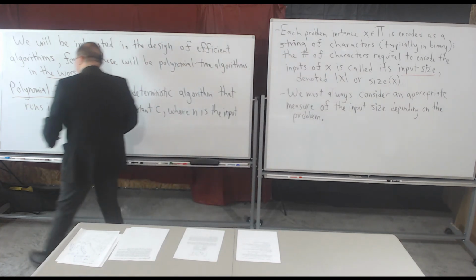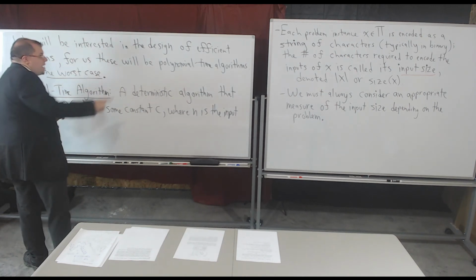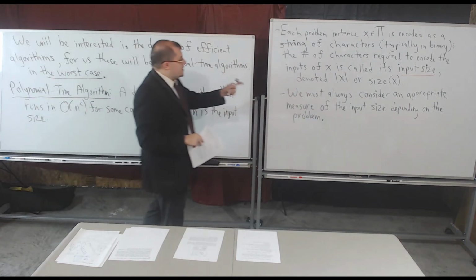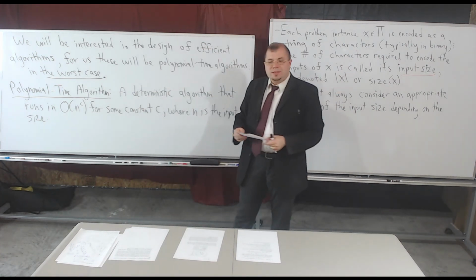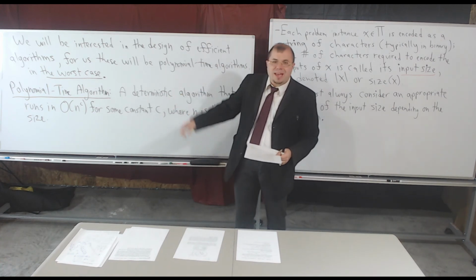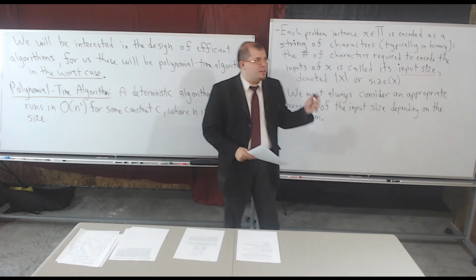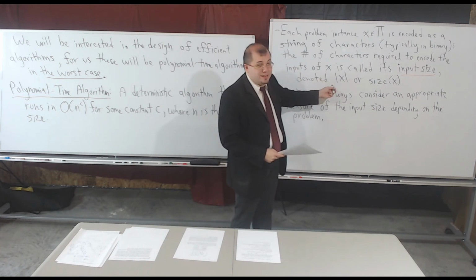Just to be clear, I'm using n here to talk about the input size instead of x over there. You could technically just put that right there instead of n. I just wanted to make it a little easier for you if you're looking at this at the end, because a lot of people use n for the input size. Often when we talk about number theoretic algorithms or problems involving numbers, we use this convention.